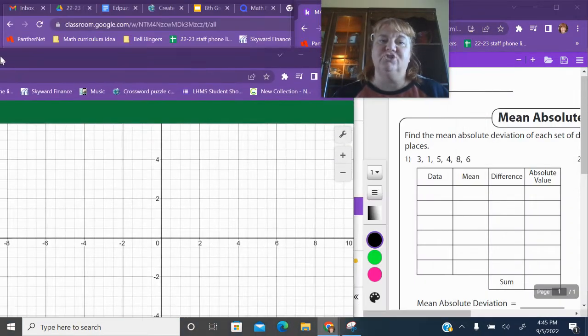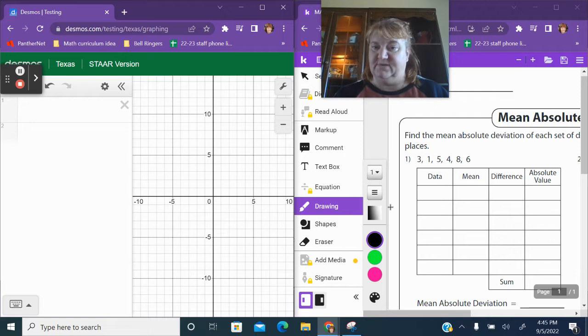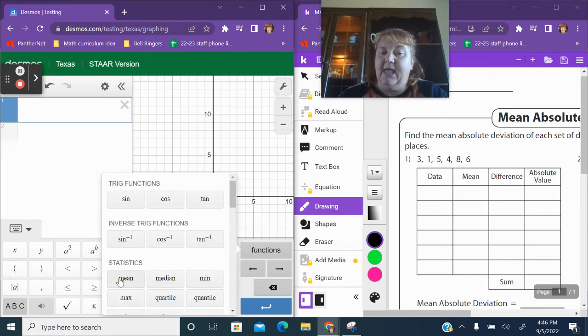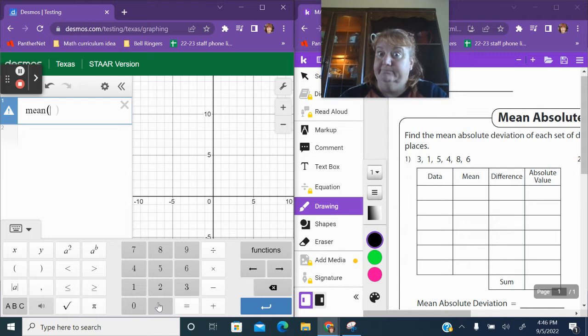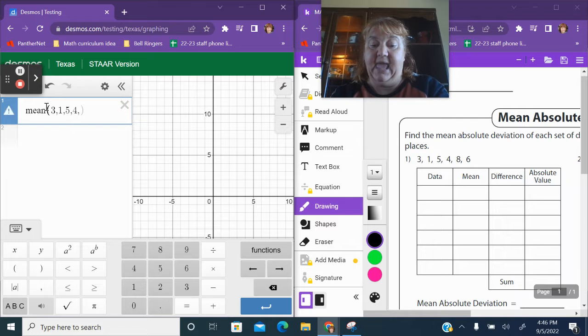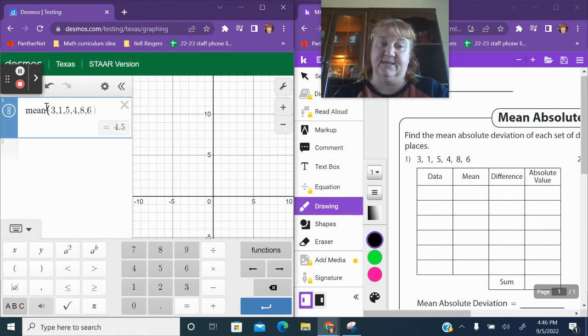So I like to put my screens right next to each other so I don't have to keep going back and forth. When you open the keyboard, there's this button that says functions. And right there it says mean. Now, you can actually just type in the word mean and then parentheses, and it'll work too. Then I punch in 3, comma, 1, comma, 5, comma, 4, comma, 8, comma, 6.